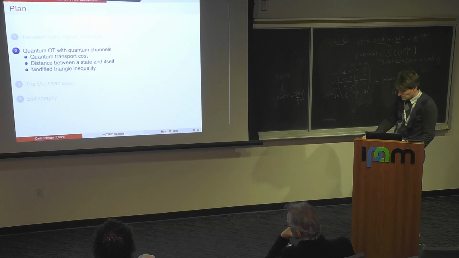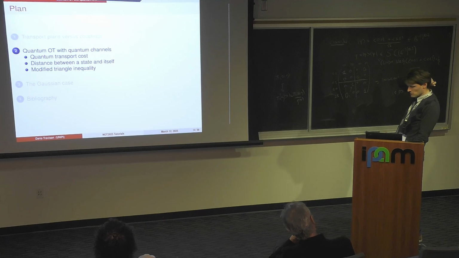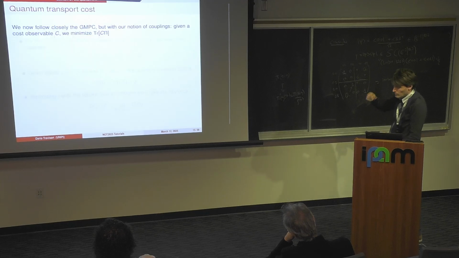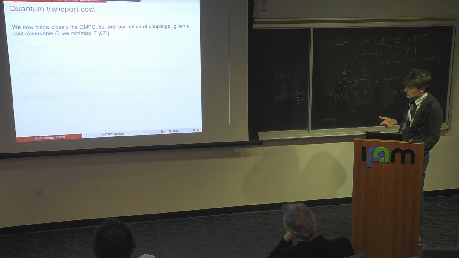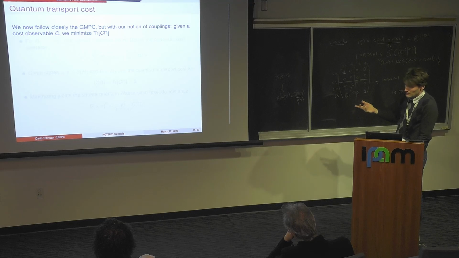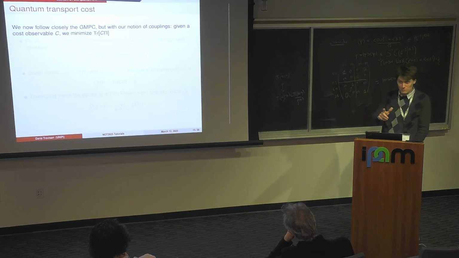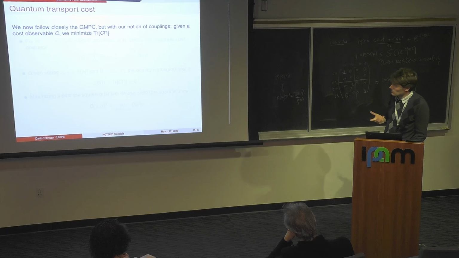Okay, so we have this notion of channels which corresponds to couplings. So plans correspond to couplings. So now we can follow again what was done previously, right? We follow closely the same approach by Gauss, but now we have a reasonable way to say that we are transporting rho into sigma, okay?